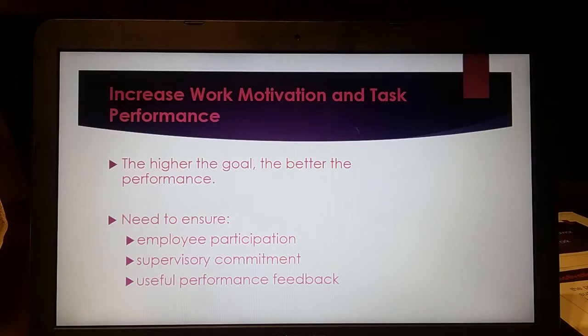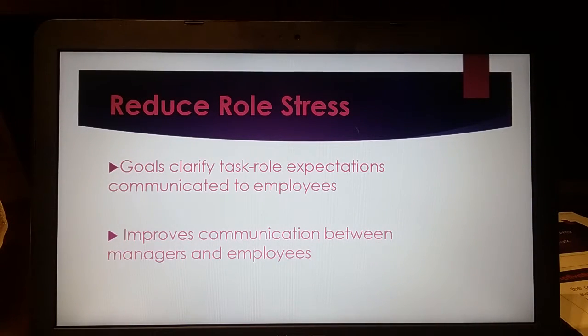But what's important is that the employee participates in the goal setting, that the supervisor is committed to it, and that there's some sort of useful performance feedback so you can tell how you're doing on it. Goals reduce role stress. Again, the expectations are completely understood, and it's easier to communicate.